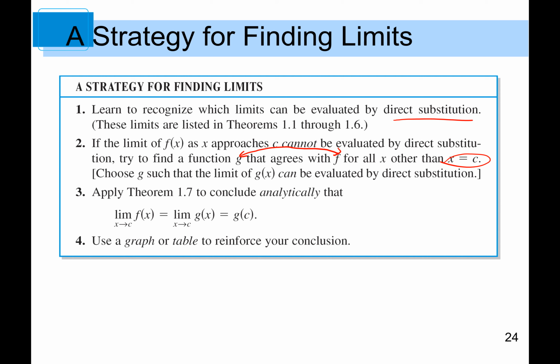Then if you cancel the same factor on both the numerator and denominator, you can apply direct substitution afterwards. So that's how this works. Transform the function f of x into g of x, and after that apply direct substitution. And you can graph it to check whether your conclusion is correct.